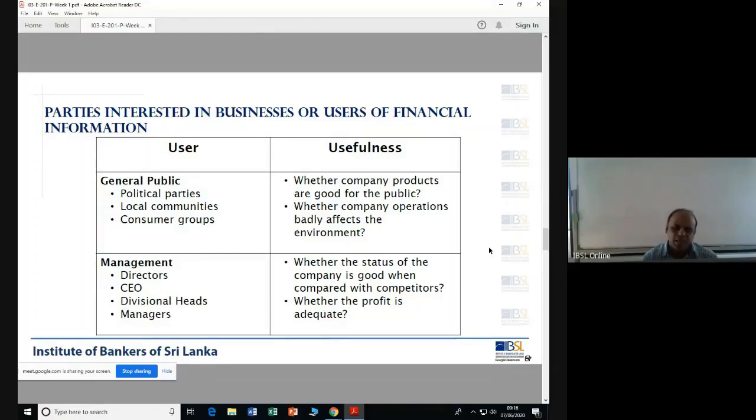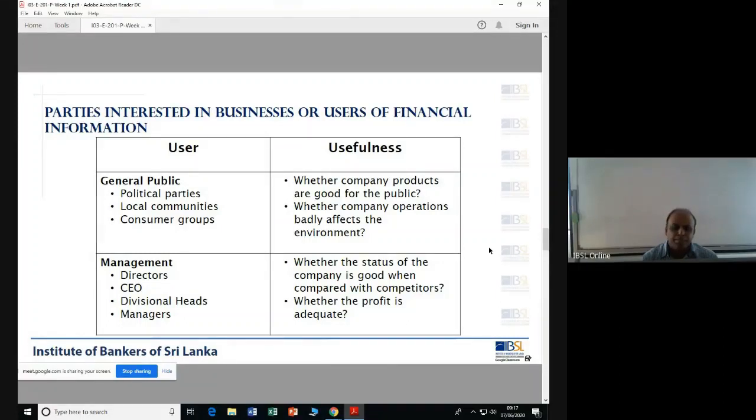So as a result, there is a relationship between the shareholders and the board of directors. This relationship is very important and we call it with a special name. That relationship is known as the principal-agent relationship. You might come across these two terms in other subjects as well, but when it comes to businesses, this is one important term.